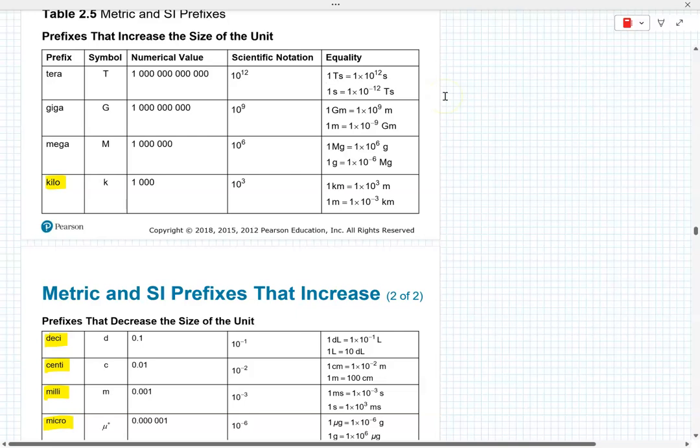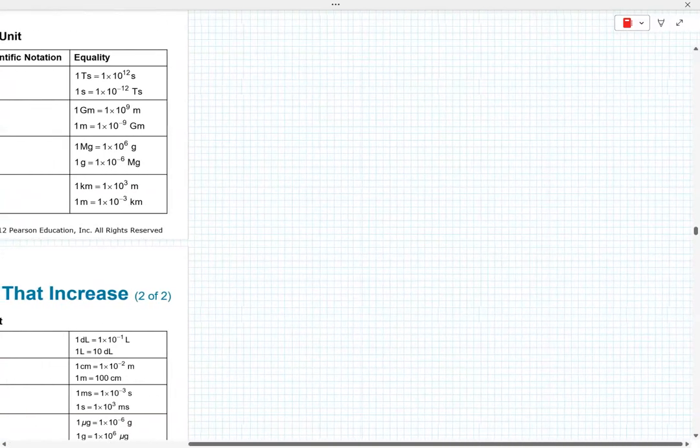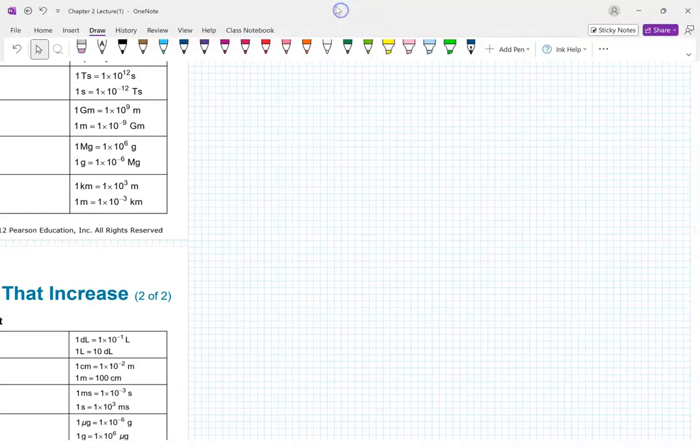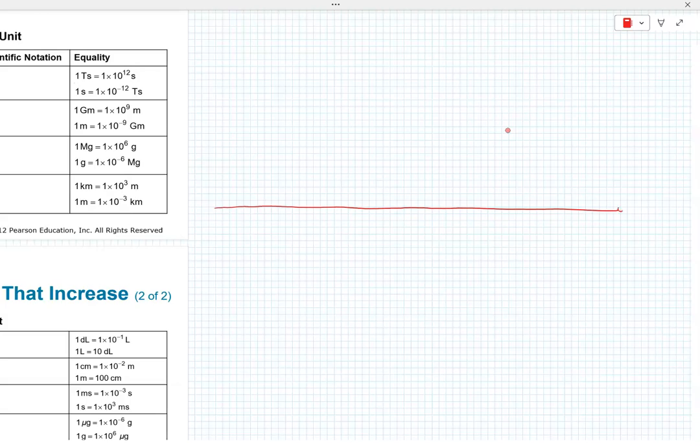So for the conversion, it is convenient to represent it on a line. U is unit: gram, liter, meter, whatever. Good? Then you divide that line by the fractions of 10.